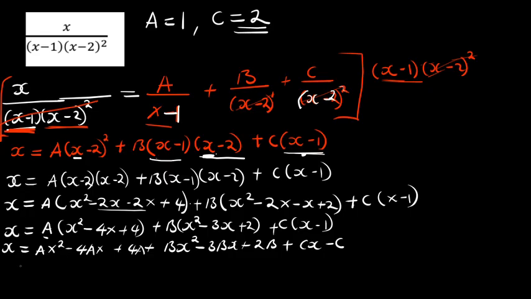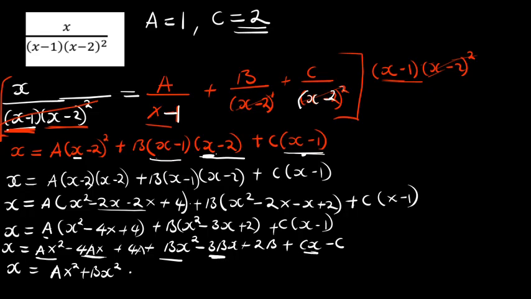Then I'll write all the like terms together. So all the x squared, let me write all the x squared. Here we have x squared, here you have x squared. So I'm having just ax squared plus bx squared. Then the next one, I'll write my x now. So I have x, where else? x and the x.